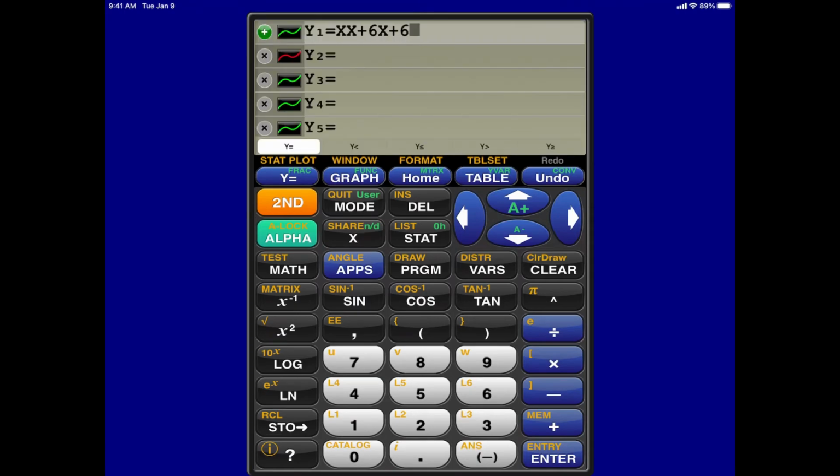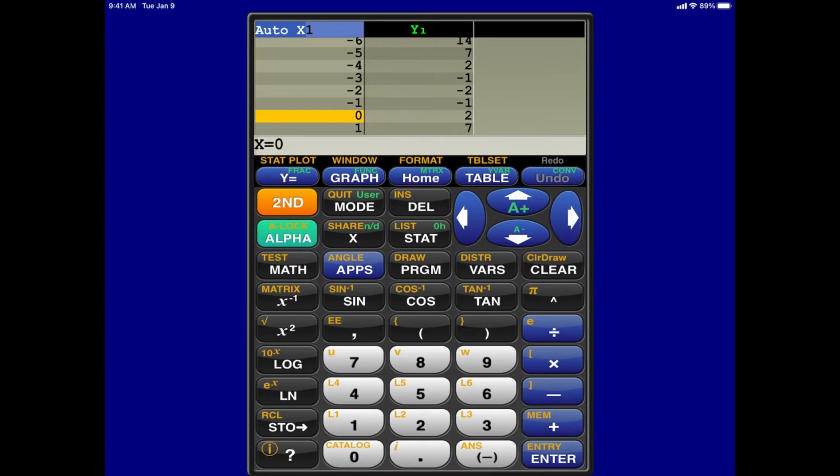Let's put it in. X squared plus 4x plus 2. And let's get a table. I'm going to take a picture of this table. Okay, and then let's put a graph.